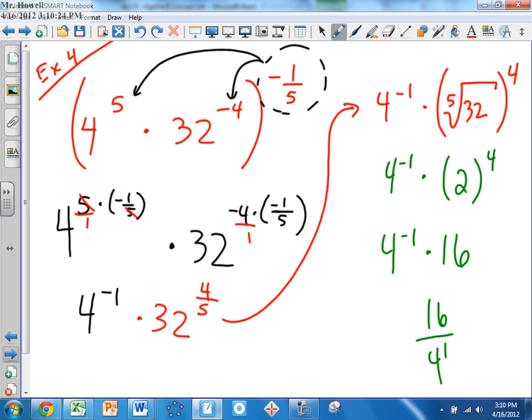Again, I'm going to go step by step. That's one line, that's the next line, that's the next line. In this line here, this is really over 1. And whenever you have a negative exponent, remember, you move it and make it positive. So I move the 4 to the negative 1 to the bottom, make it positive. But what's 4 to the 1? Just 4. What's 16 divided by 4?